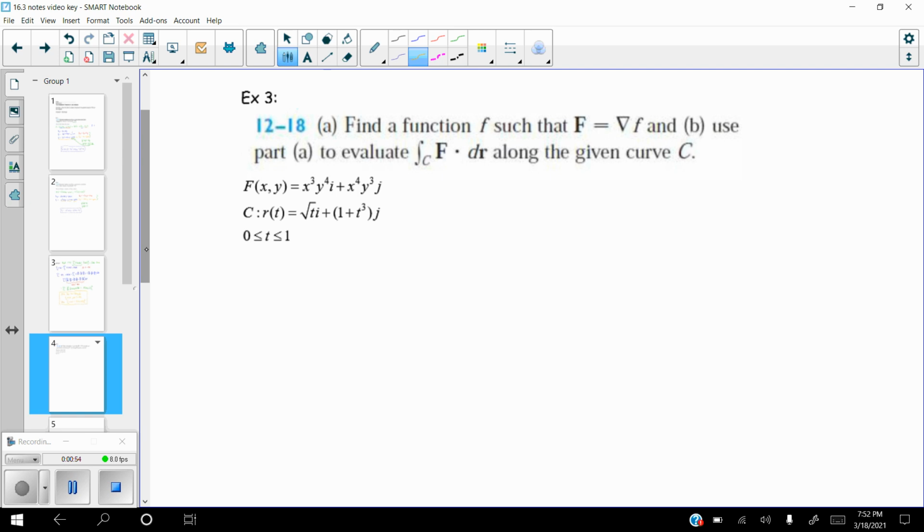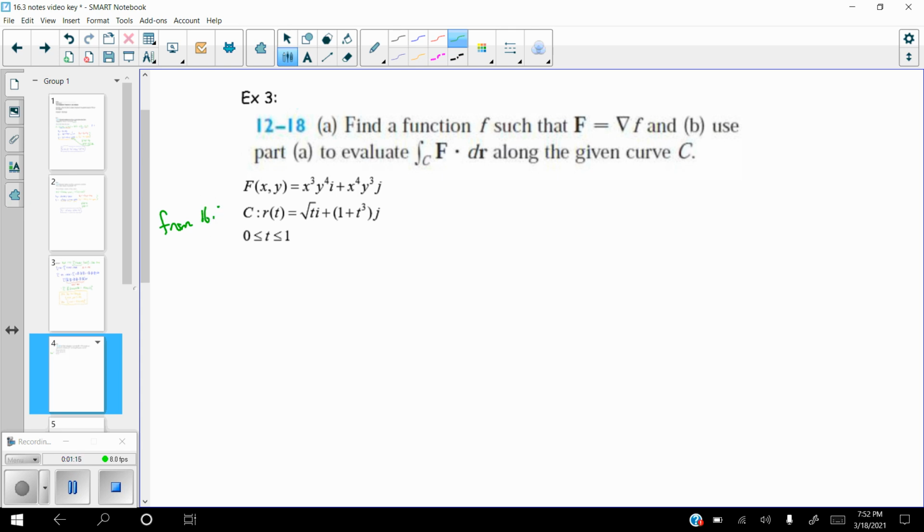The first thing it wants us to find is the line integral of F dot dr. That's the ultimate goal here. So we already know ways to do this.